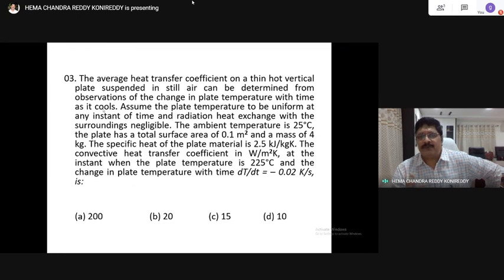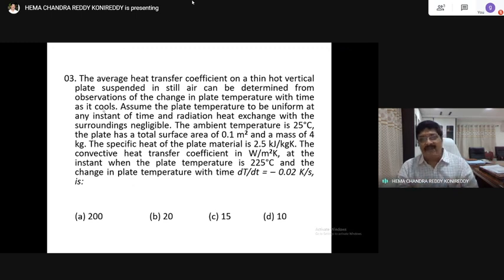The plate has a total surface area of 0.1 meter square, and the plate mass is 4 kg. The specific heat of the plate material is 0.25 kilojoules. In the problem, the plate is suspended vertically in air; the mass is 4 kg, the surface area is 0.1 meter square, the specific heat is 0.25.